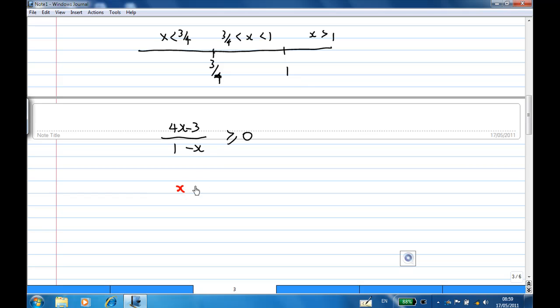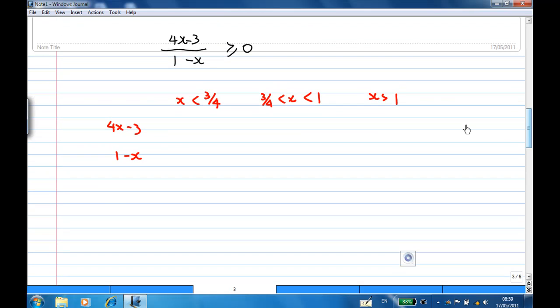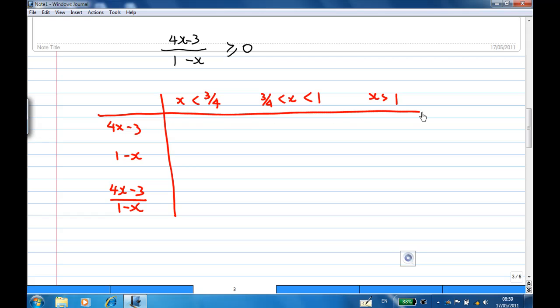So you get x less than 3/4, x between 3/4 and 1, x greater than 1, then 4x minus 3 and 1 minus x, and then when you find the quotient, this table is called a sign table.